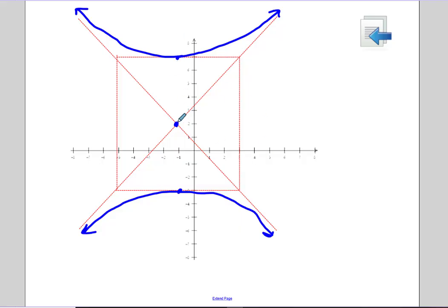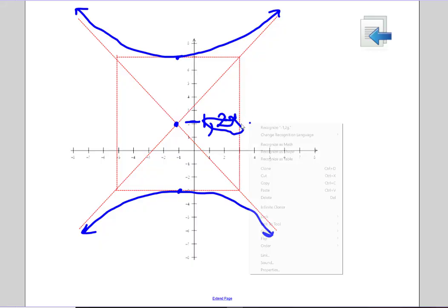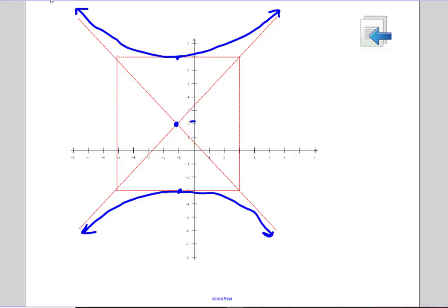And then the first focal point is going to hold -1 steady, but we're going to move up from the y value. So x will be -1, but the y value will be 2 plus the square root of 41.